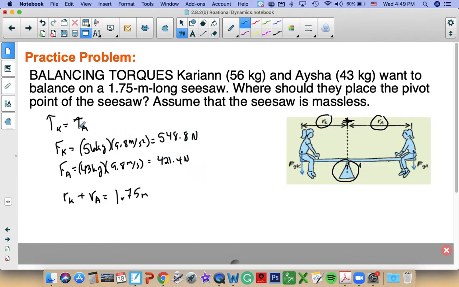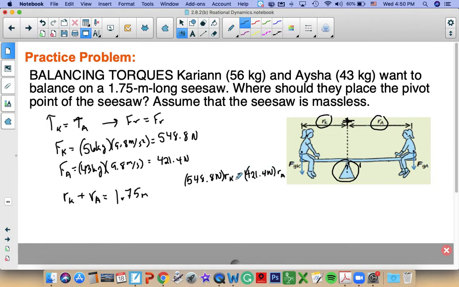Now let's use our equation for torque, which is force times radius on the left, force times radius on the right. We've got Carrie Ann on the left. Let's plug stuff in. We're going to have her force, 548.8 newtons, times her radius, which we don't know. And then we're going to have Aisha's force on the right, and then her radius.